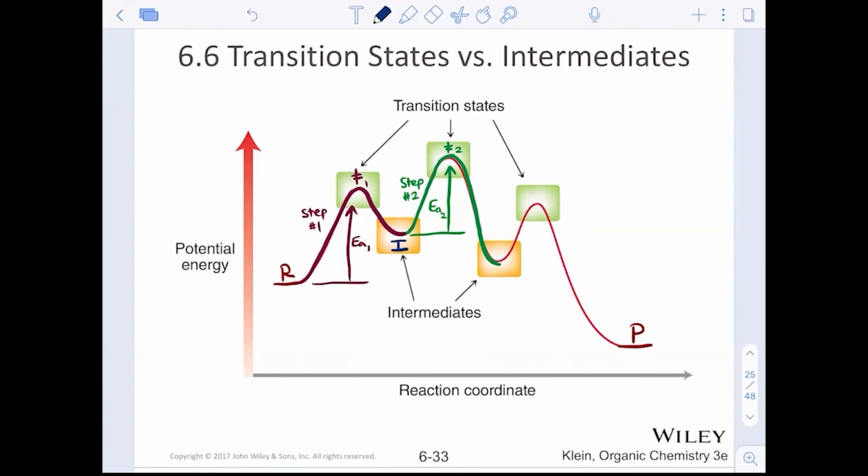They're the positions where we can't actually see them in real life when bonds are breaking and bonds are forming. So when we draw a transition state, we'll see that they're going to be not real molecules, just more like theoretical points when the bonds break and form.